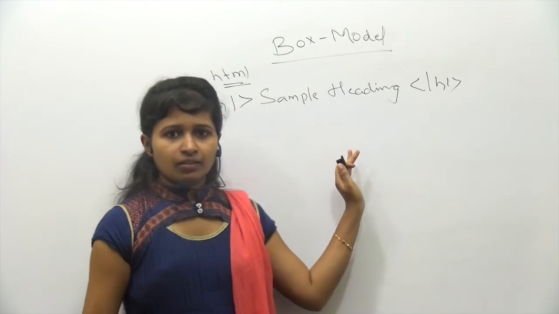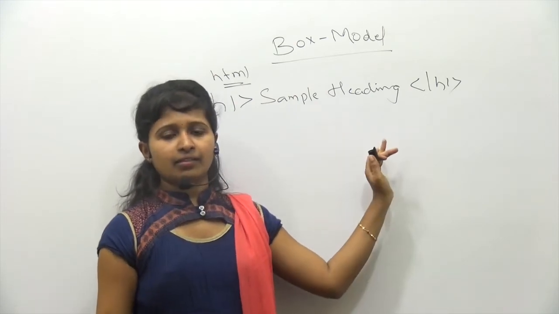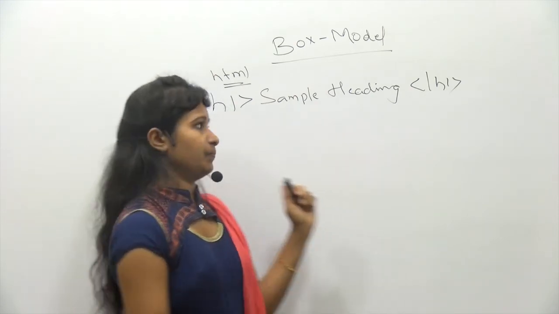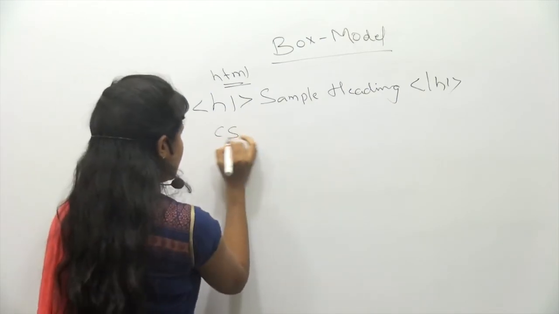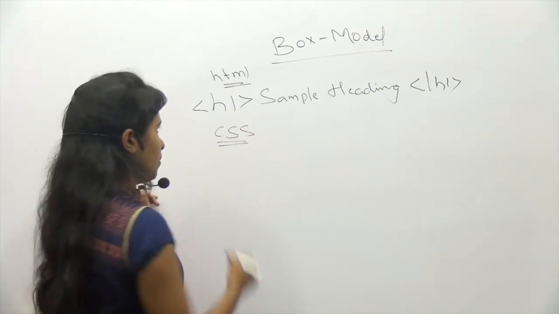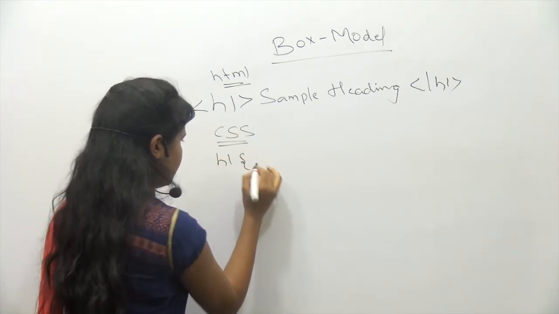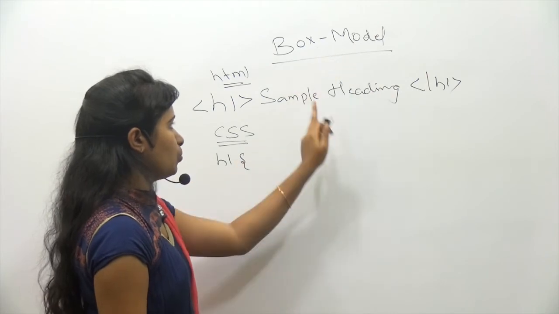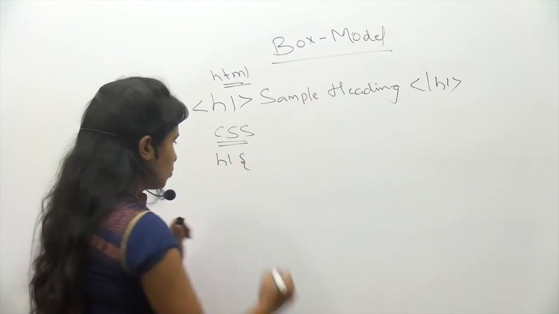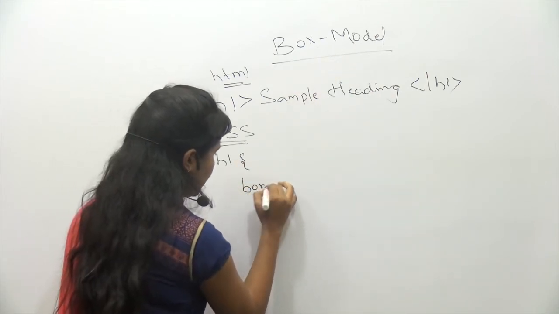I'm writing the styles for this heading in CSS, inline or external. So in CSS I'm having h1, and I need to write a box model for this heading. So first I need a border.